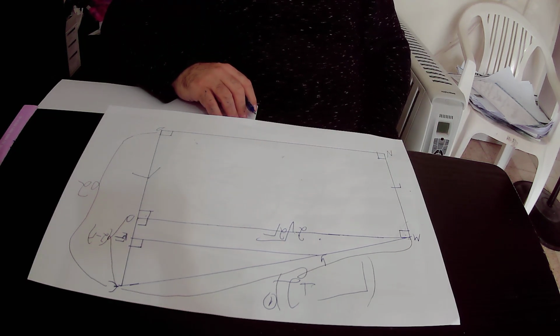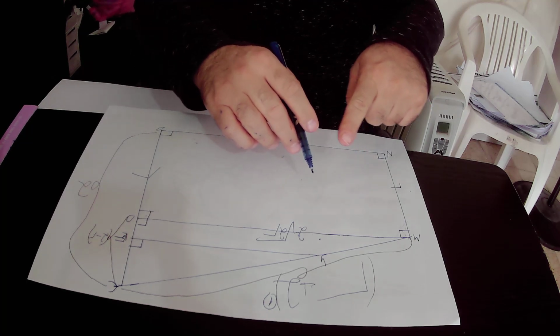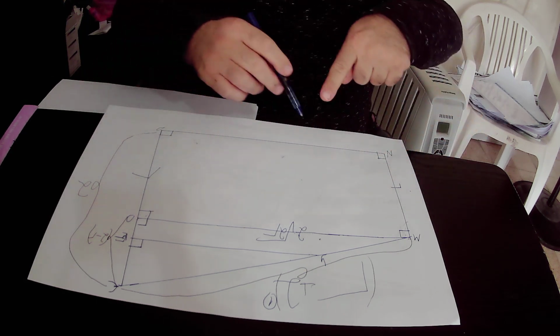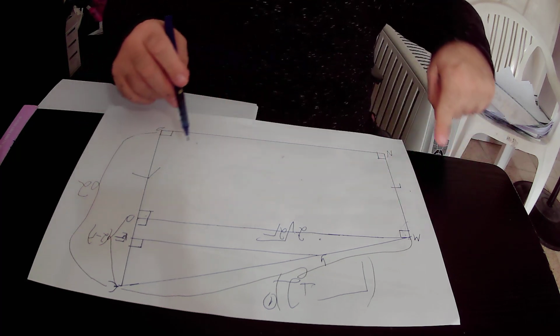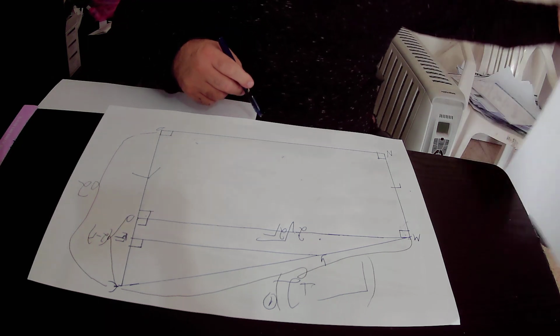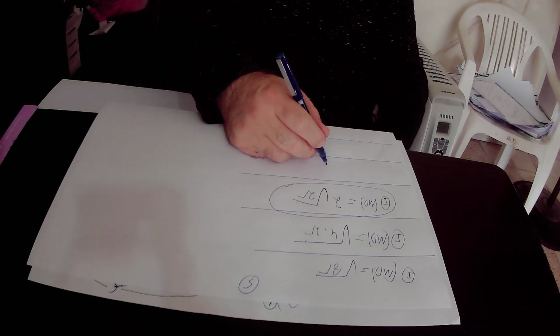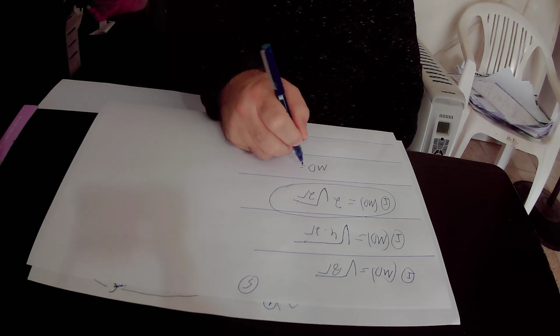And because the opposite sides of any rectangle are equal to each other, it means that MD equals ND. According to the rule that the opposite sides of a rectangle are equal to each other, therefore MD equals ND.